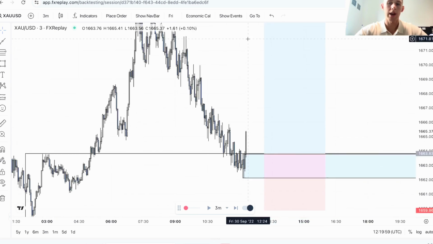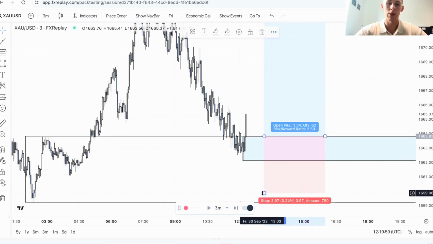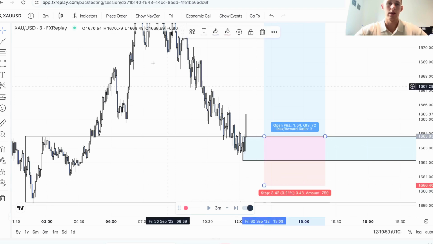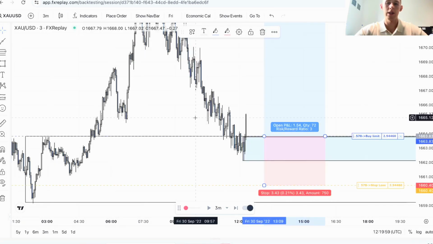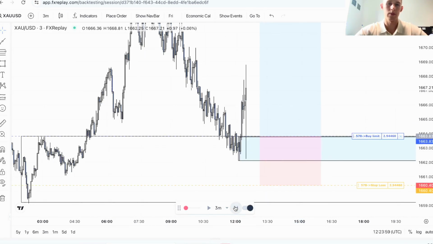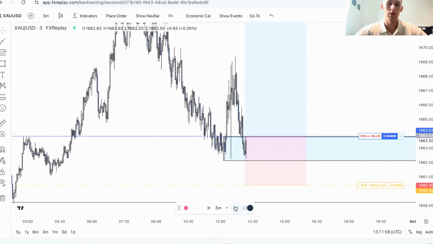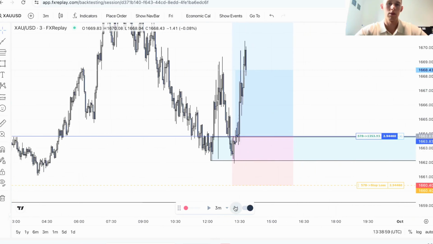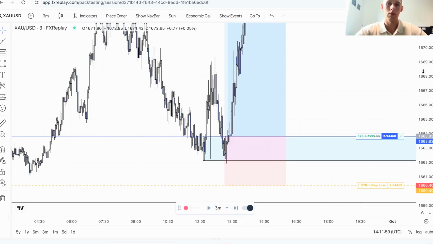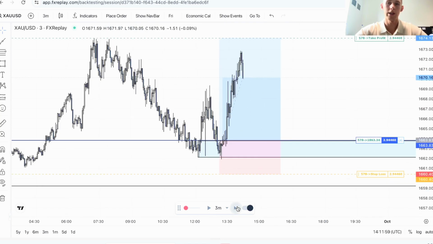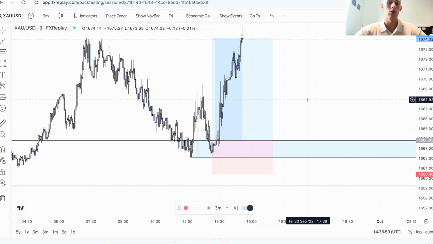I want to target that high ideally, so I'm just going to make this a 1 to 3. And let's see how this goes. Looking very nice. Cool, so there we go.